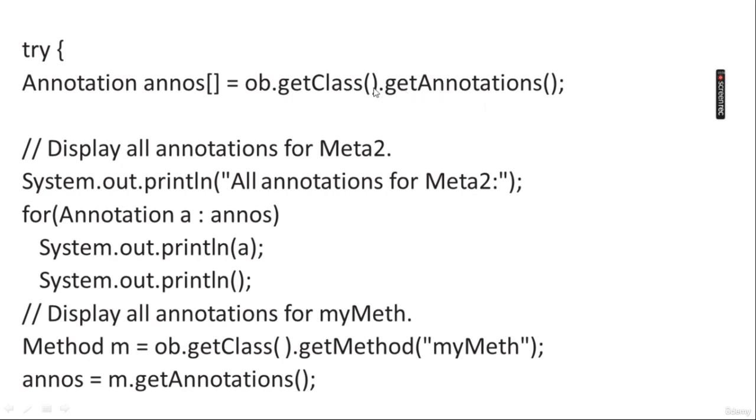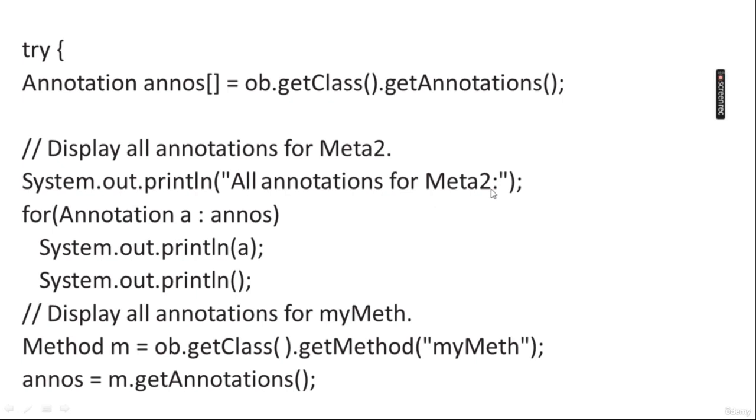To get all annotations, we have the method getAnnotations. This gives me the array of annotations, which has all annotations. I have two annotations on this class: the first is MyAnnotation and the second is Description.